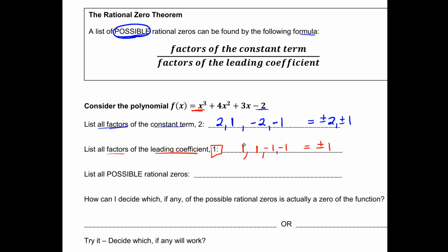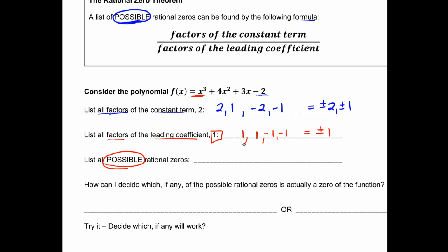So what are all the possible rational zeros? Well, it's factors of the constant, so the blue ones that I have on my screen, over factors of the leading coefficient. So it would be plus or minus 2 and plus or minus 1, all the combinations of that divided by plus or minus 1.